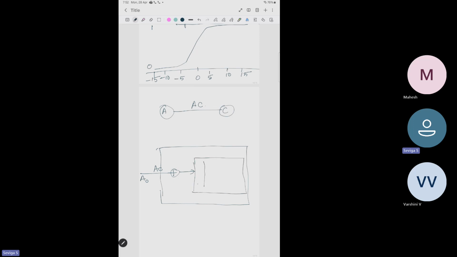Here we have A naught into AC. This is neuron C. Because we are already out of A naught, we are just looking at neuron C. So the outcome of this is C naught.